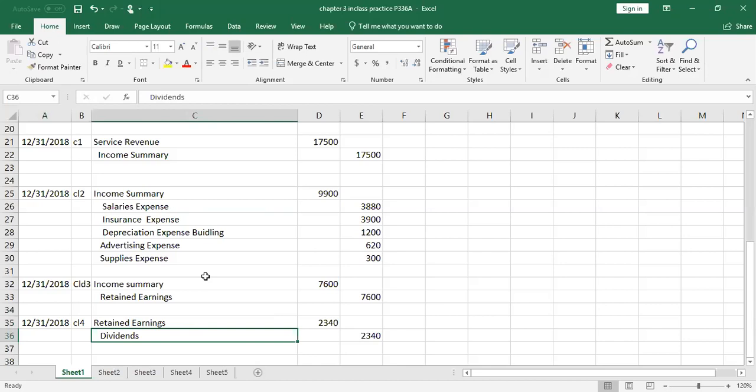Through our process so far, we have always worked with a company that was starting brand new. First month of operation, first year of operation. But at the end of that year, the company needs to store its net income or net loss, less its dividends, into the account they belong.